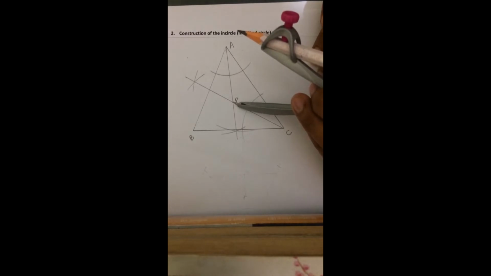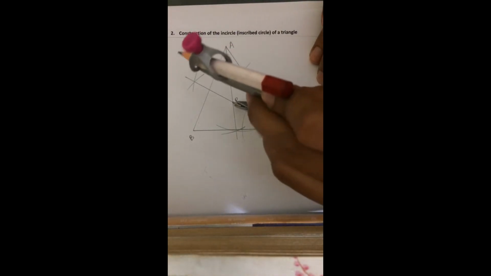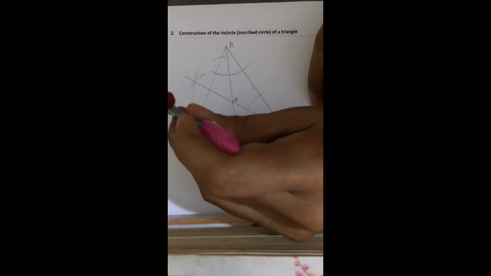This is the external point and you have to construct the perpendicular to a given straight line segment. So I am going to select this straight line segment AB and I am going to construct the perpendicular.